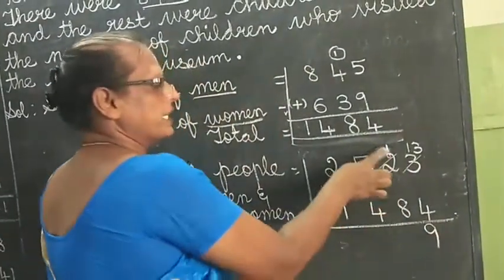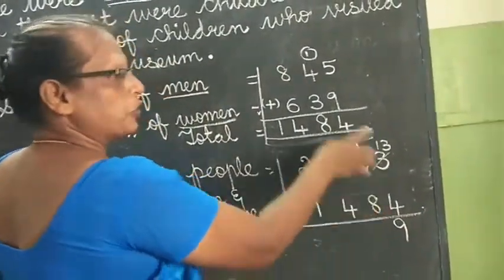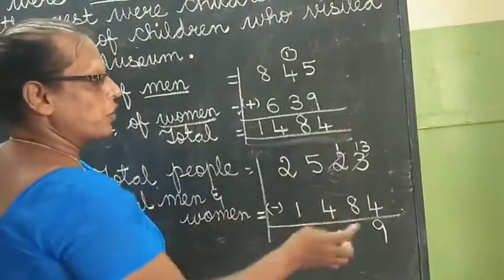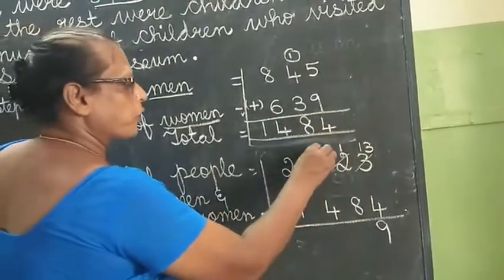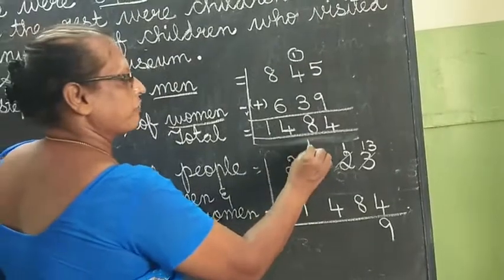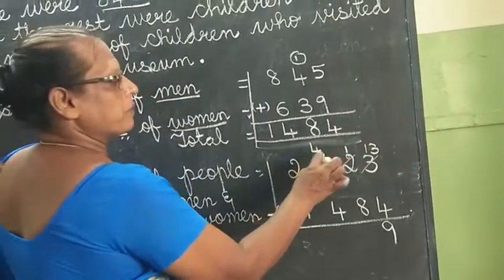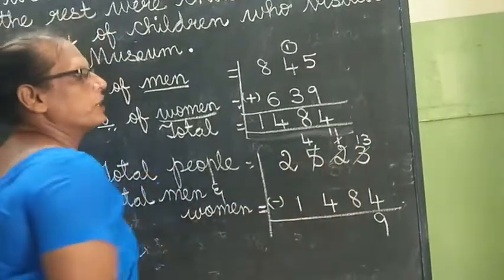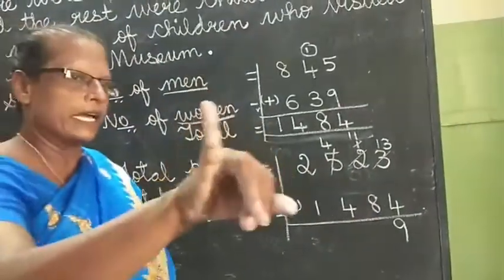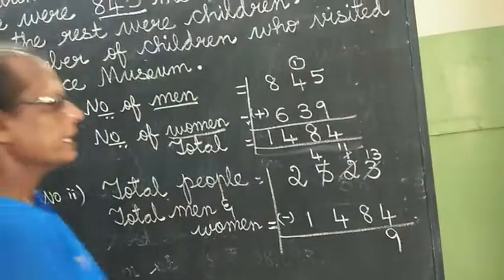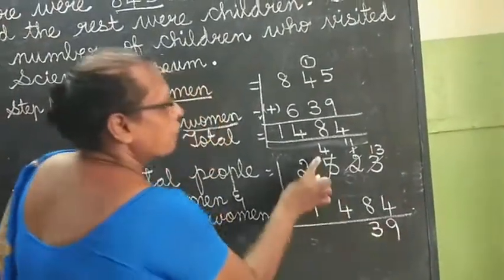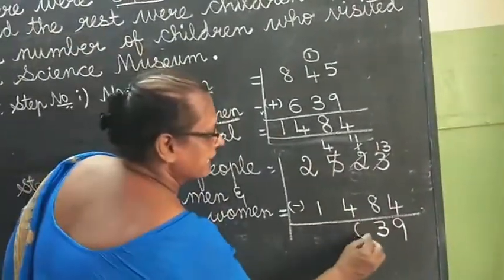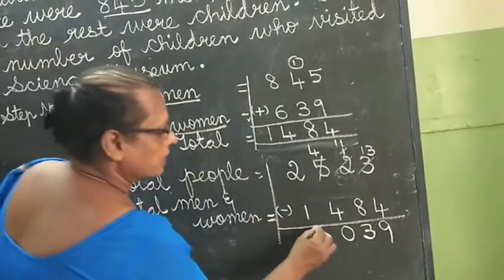And see here 1 is there, here 8 is there. Can you subtract, children? No. So what you have to do? You have to borrow from the previous number 5. So this 5 will become 4 and this 1 will become 11. So after 8 you count up to 11, children. 9, 10, 11, 3. 4 minus 4, 0. 2 minus 1, 1.